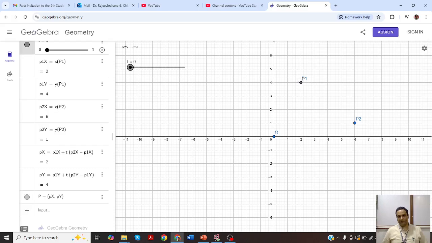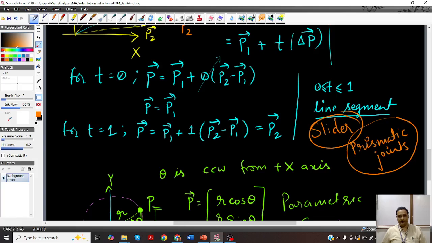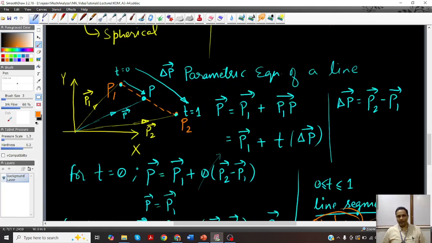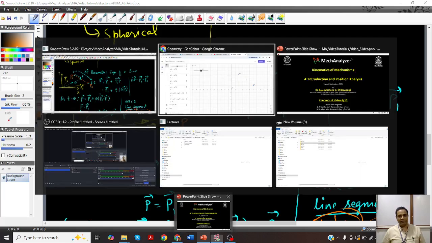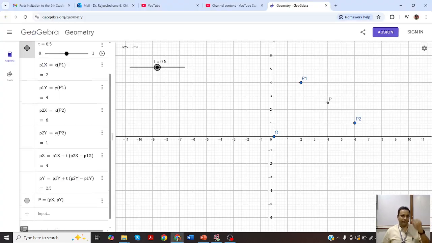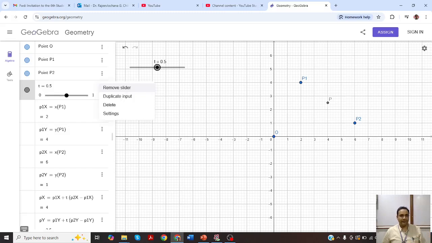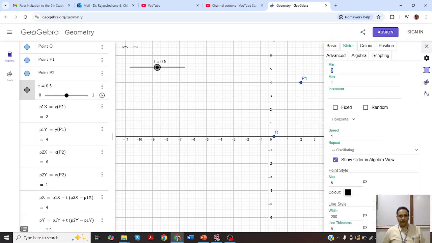Now when I move this t, you can see that as the value of t is changing, the point P will go from P1 to P2. Okay, very simple. So it's just that we should understand the concept. As t changes, it will move from here till there. Now you may be wondering what happens if this parameter t is less than 0.